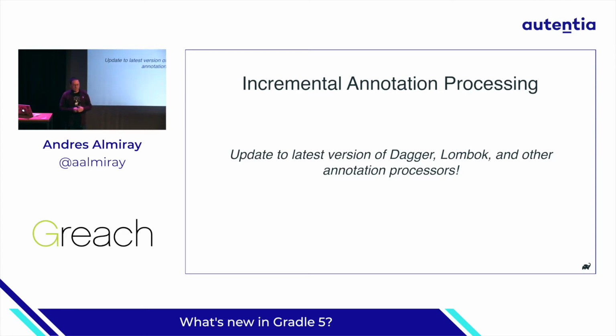We are trying to make sure that when the annotation processor generates whatever it needs to generate, these outputs also get cached at the appropriate time so that you don't waste time recompiling and doing more work that you shouldn't be doing.